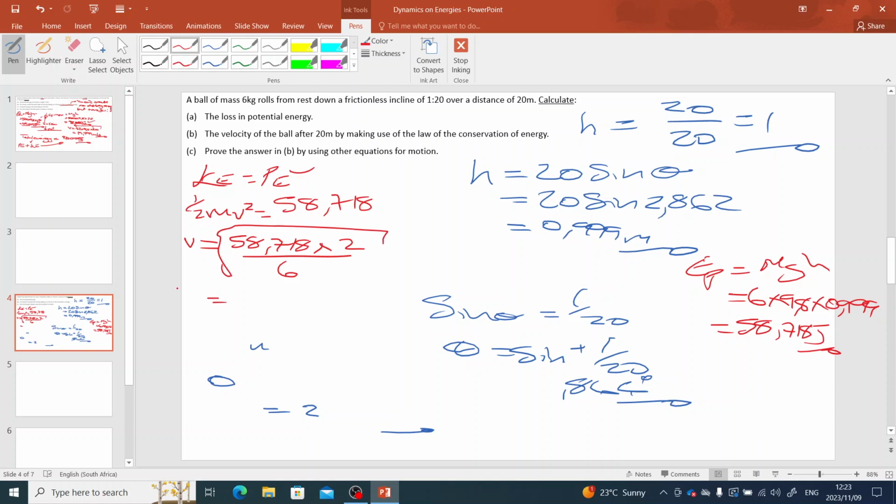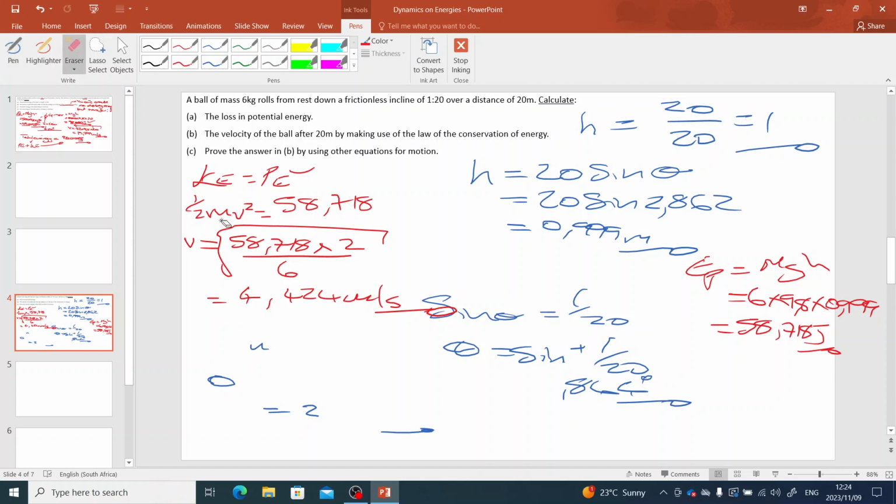Then our answer on velocity would be 58.718 times 2 divided by 6. Then we get our answer as 4.424. I get my answer as 4.424 meters per second. That's the answer that I got.